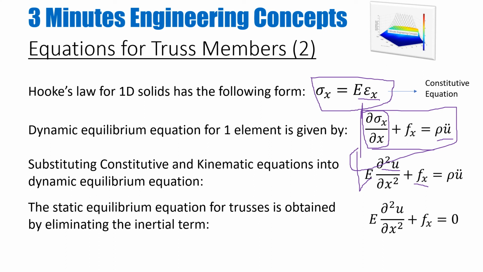If it's a static problem, which means my truss is fixed at one end and can only have deflections or displacements, then I can drop the inertia term, which is this part of the equation, and I get the static equilibrium equation given by this simple equation. You can solve this differential equation analytically because it's a 1D case, and find how the deflection is related to force and the coordinate system, and I will show you later how to find that in a solved problem.